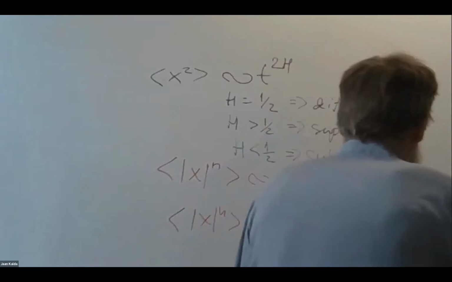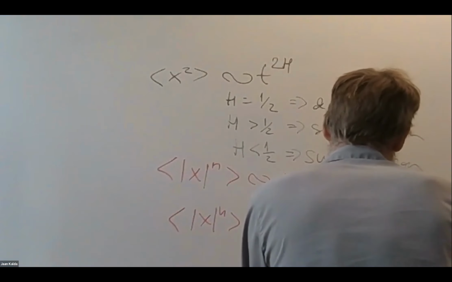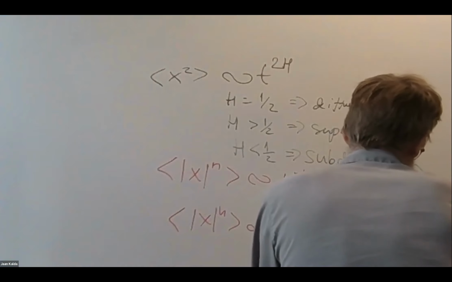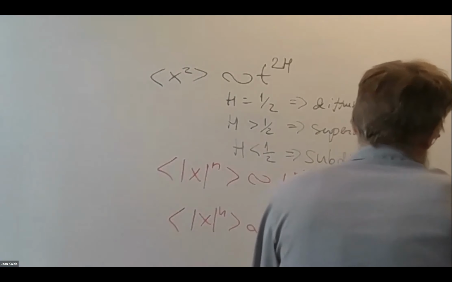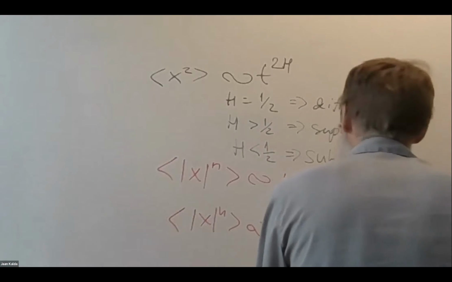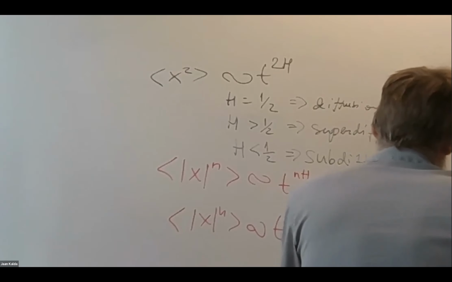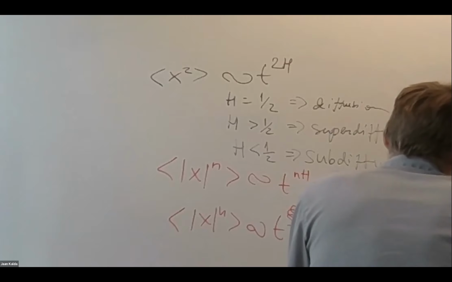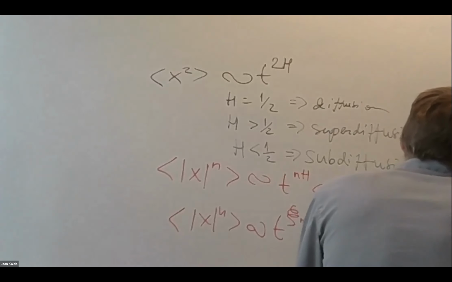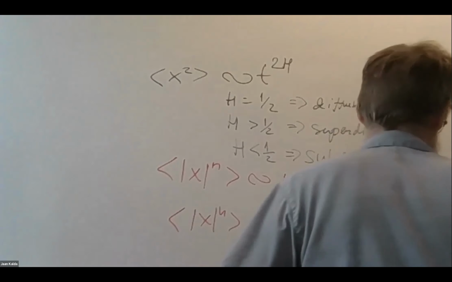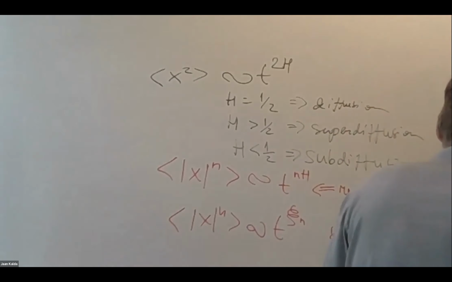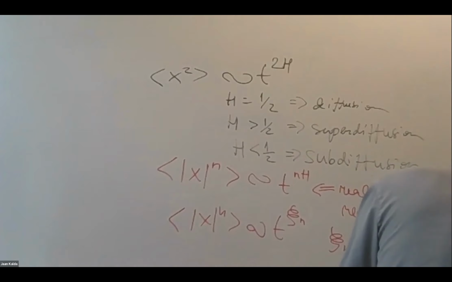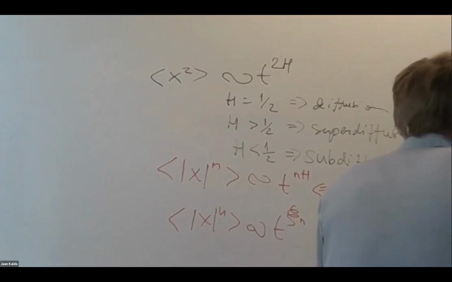Now, if we have real fractional diffusion, then h might not be 1/2, but it ranges from 0 to 1, excluding one.